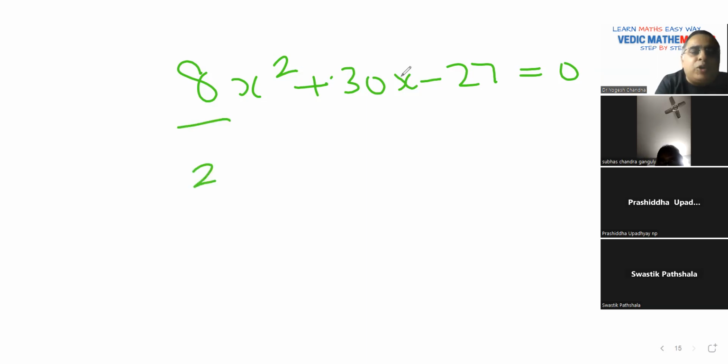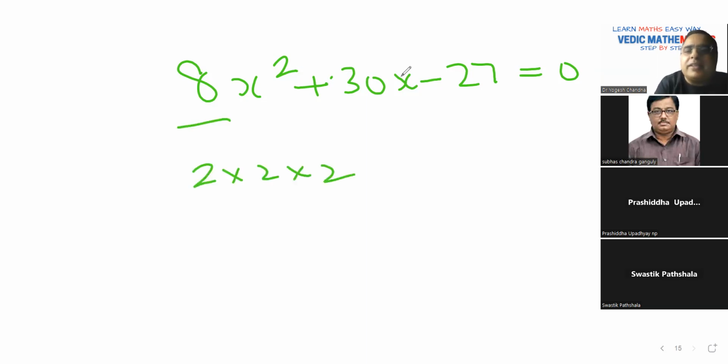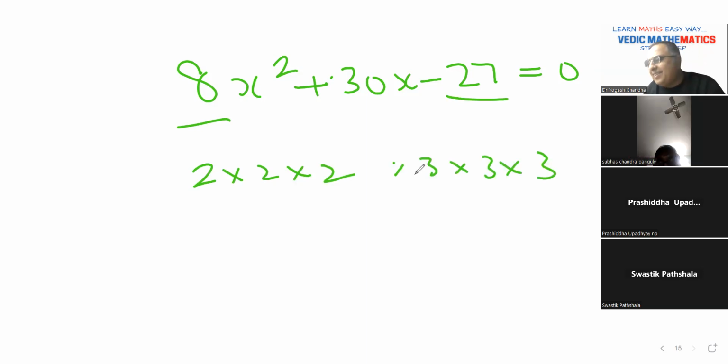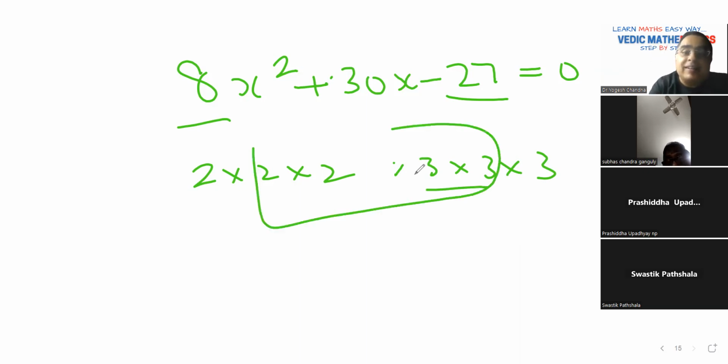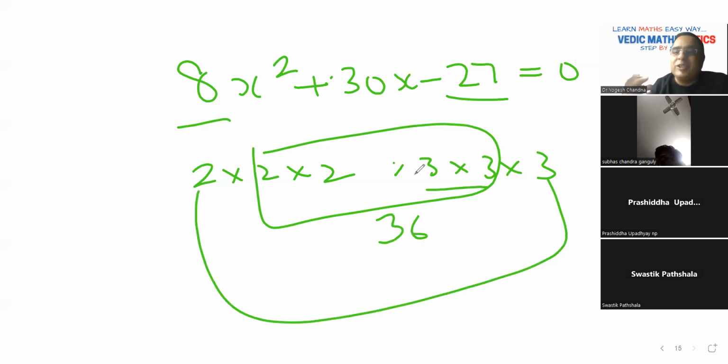So what is this? 2 into 2 into 2. What is this? 3 into 3 into 3. So just think of it. 9 into 4, 36. And 6 is this. So plus 36 and minus 6.